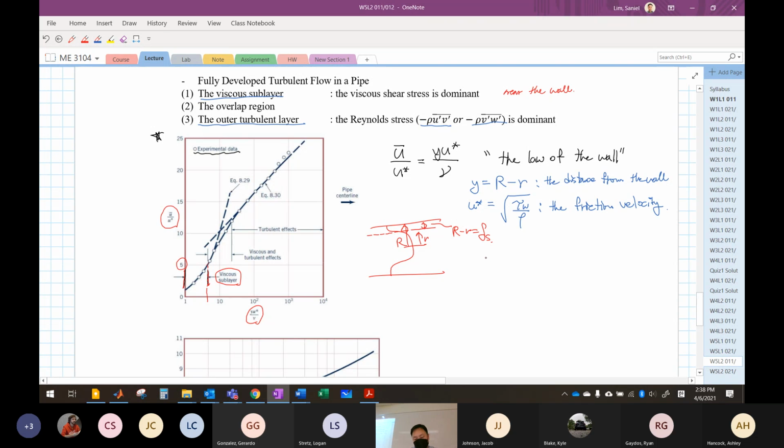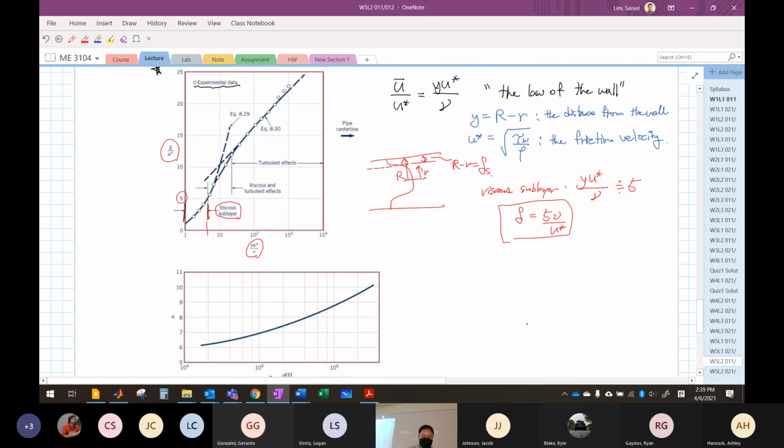For the sublayer, you can say y U star over nu is approximately 5. Then this y is the thickness of the boundary layer, so you can change it to delta, and then delta equals 5 nu over U star. You can find the thickness of the boundary layer like this. That's purely based on the experimental data.